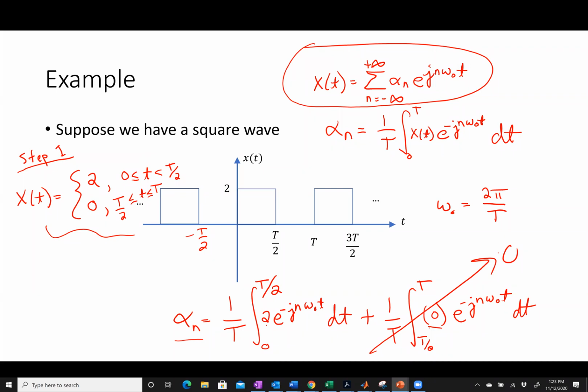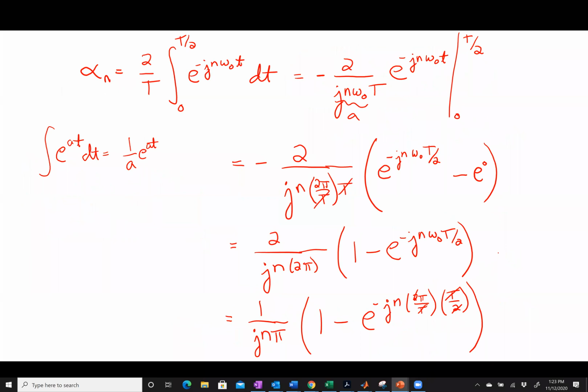Then we evaluated, and this was a pretty simple thing to evaluate. What we ultimately ended up with is alpha n equals 1 over j n pi times 1 minus e to the negative j n pi. We talked through the details of that in the last lecture, so I'm not going to go through it again here, but that's where we ended last time.